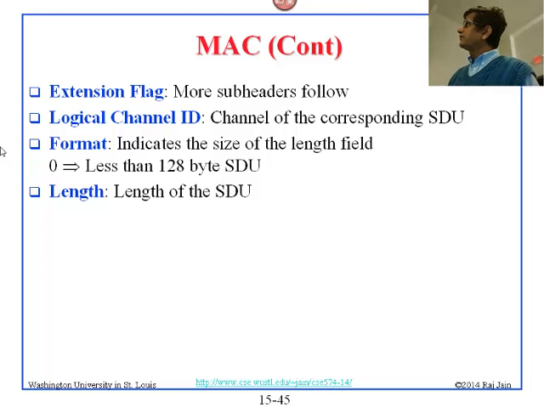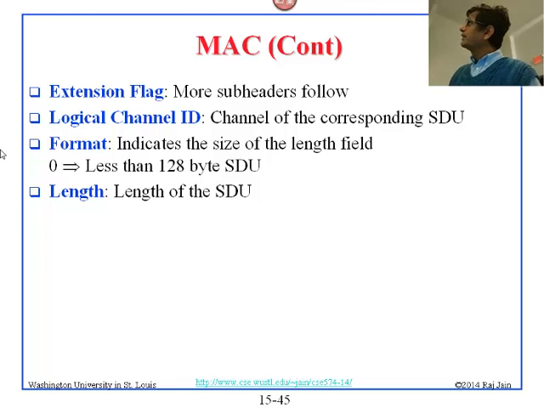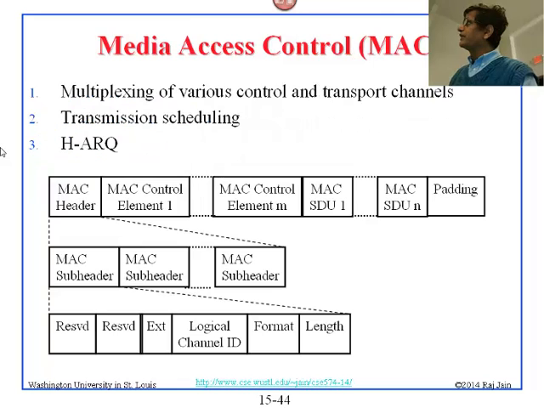Channel ID is clear. Format indicates the size of the length field. So the format is again a misnomer because it is the length of the ID field. The ID field could be 0 or more than 128 bytes, so this is a variable length field. So this is not the length, I'm sorry.